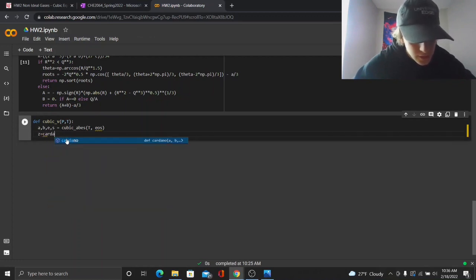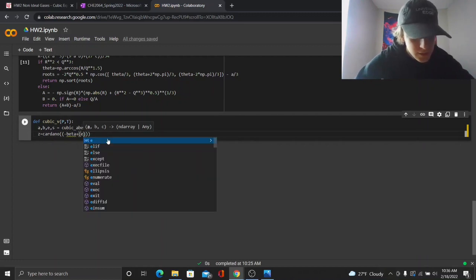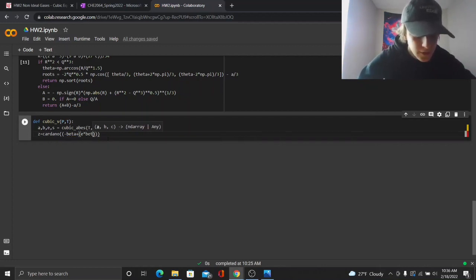Z equals card of negative beta plus epsilon times beta plus sigma times beta minus 1.